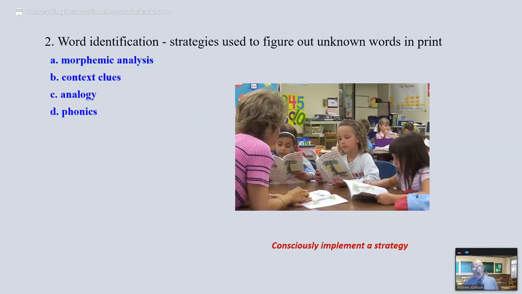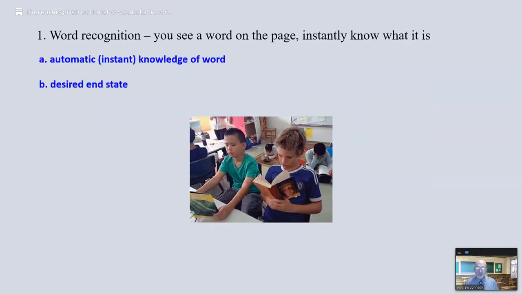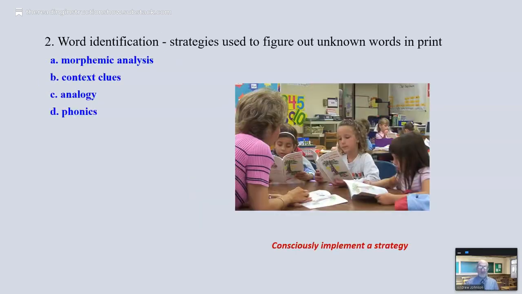That is a strategy. Word recognition is a skill. And I'll differentiate for that in just a minute. The word is in the dictionary in your head called the lexicon. You have the word there, but you don't recognize it as you're reading. You're reading, you come across that word, you stop, and you say to yourself, I don't recognize that word.